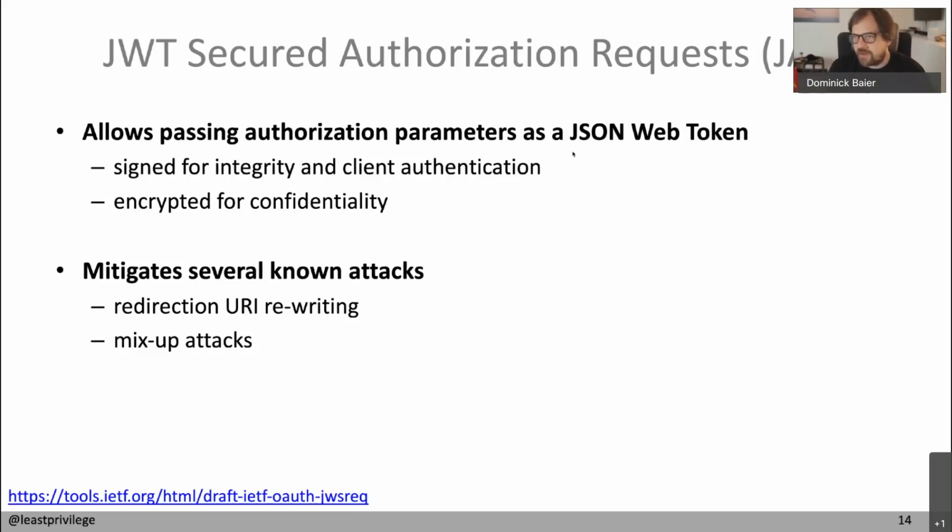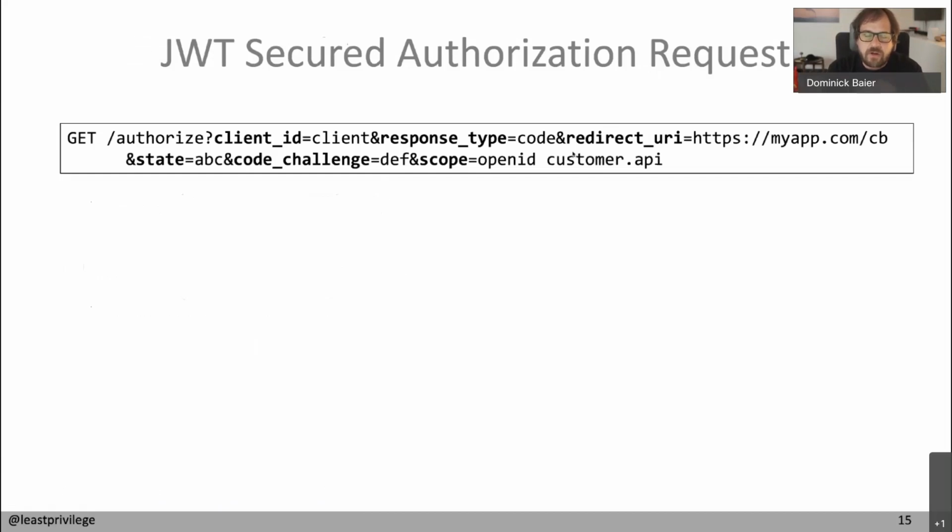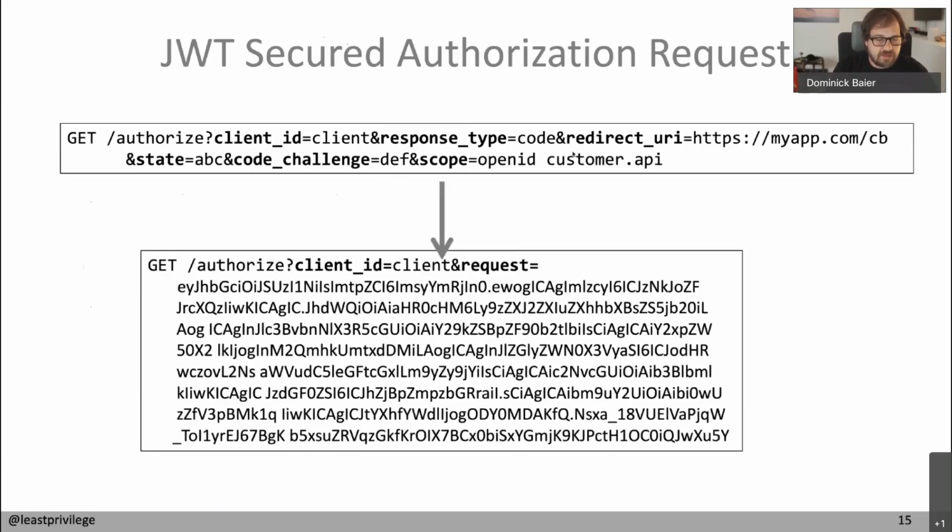So the way this works is, imagine that is your authorization request, and then instead of transmitting this to the token service, you are transmitting this. The only two parameters left here are the client ID, which is still mandatory, and then everything else is replaced with this parameter called request, and this here is a JSON Web Token.